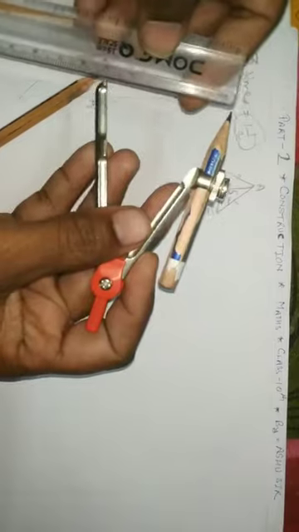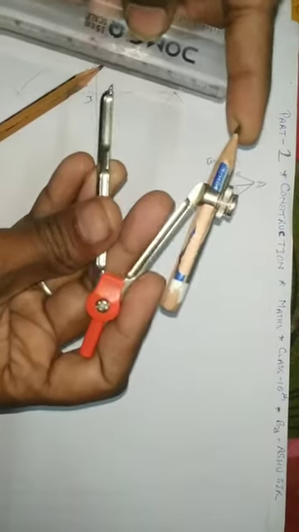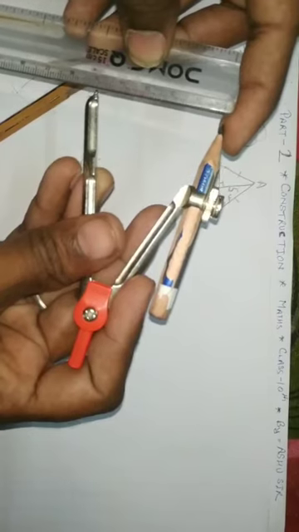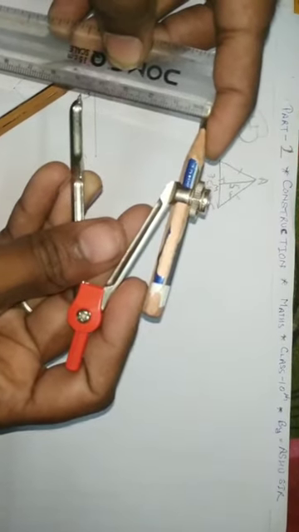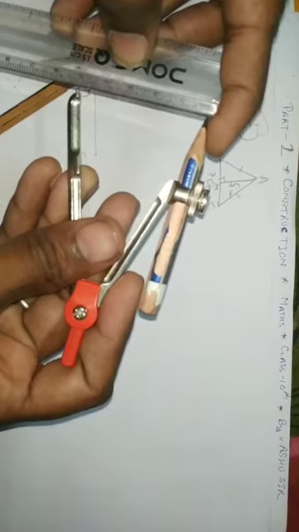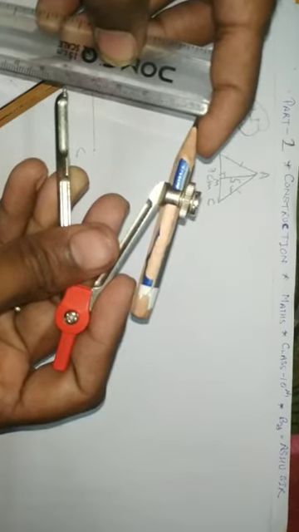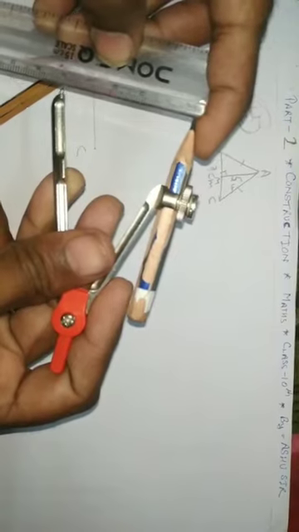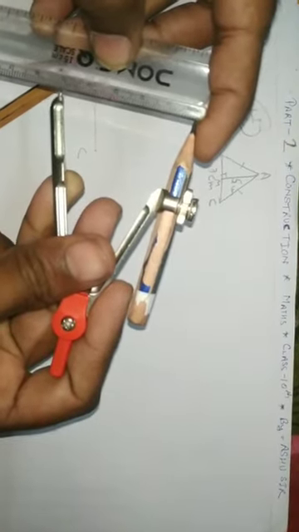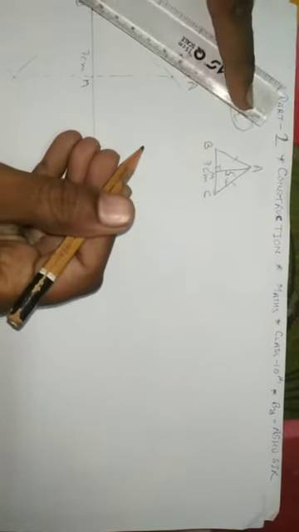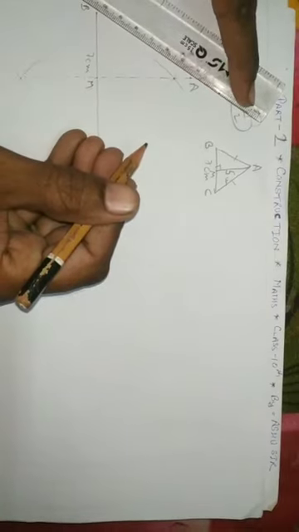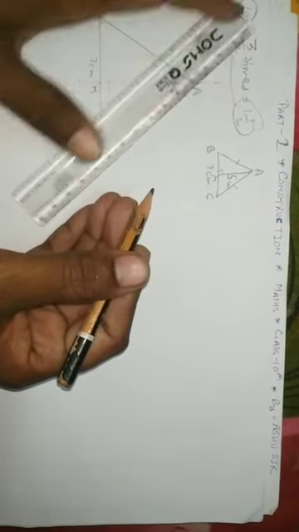So take the distance of 5 cm from here, cut it, we get the point A, join AB and AC.